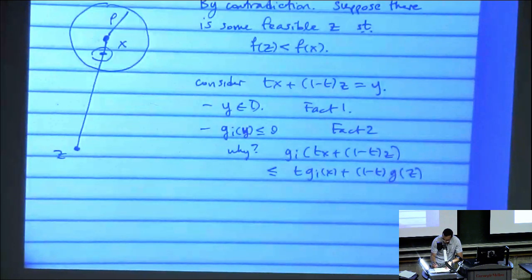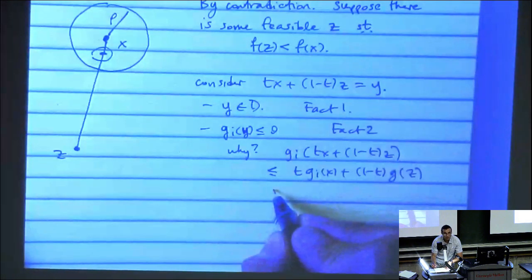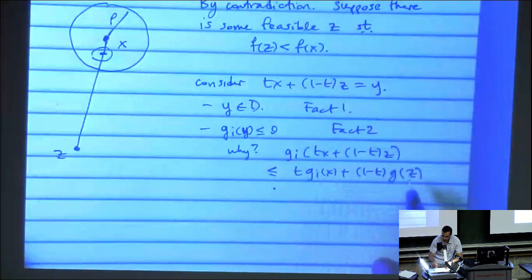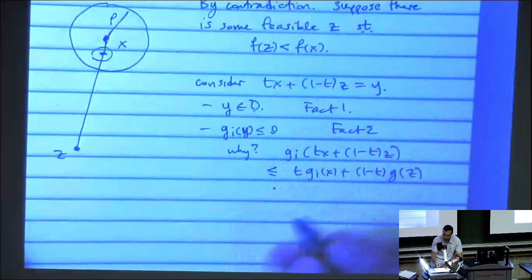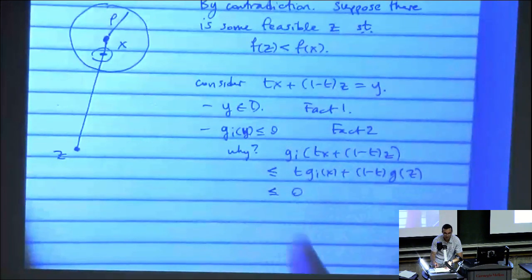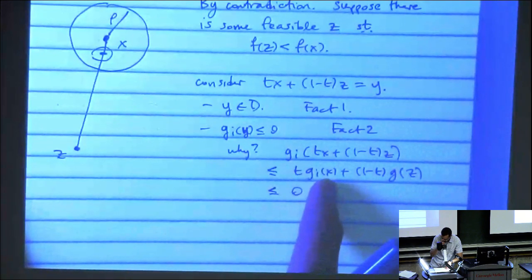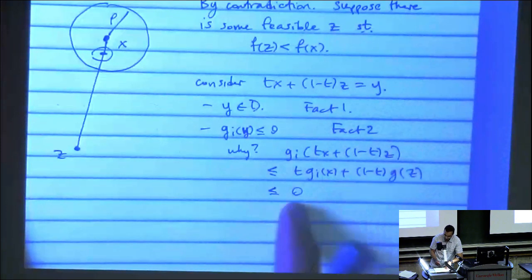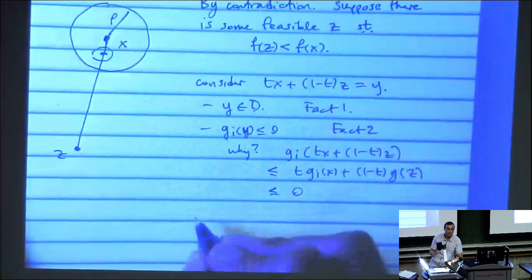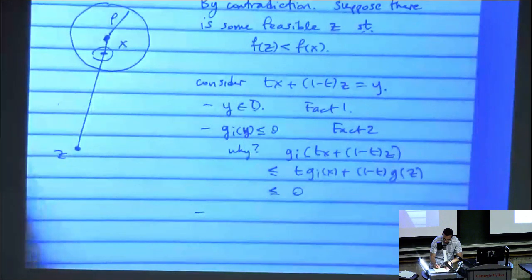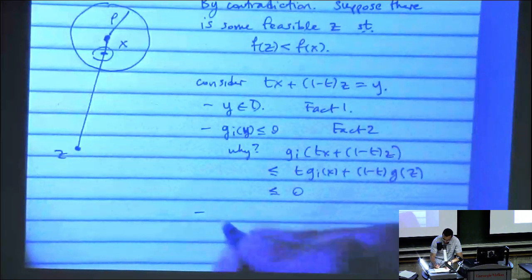And each of these is less than or equal to 0, right? Because x is feasible and z is feasible. So if I take t times something less than or equal to 0 plus (1 minus t) times something less than or equal to 0, I still get something less than or equal to 0. So y satisfies all the inequality constraints. It also satisfies all the equality constraints.